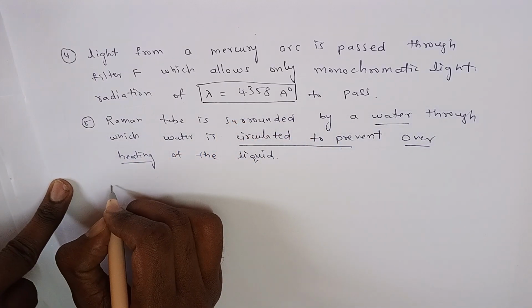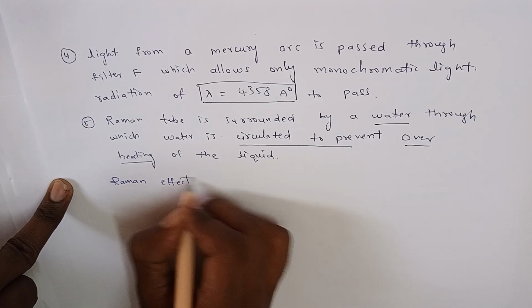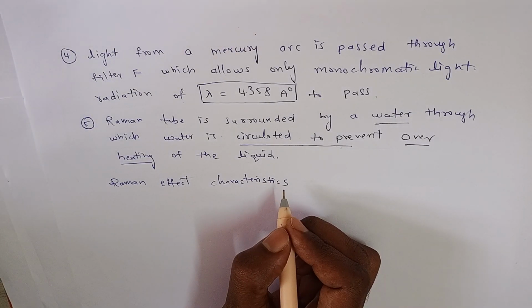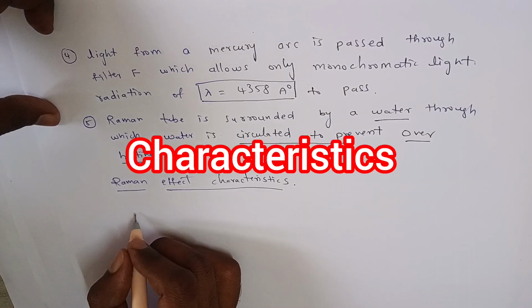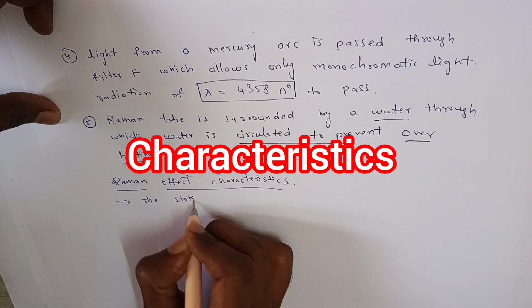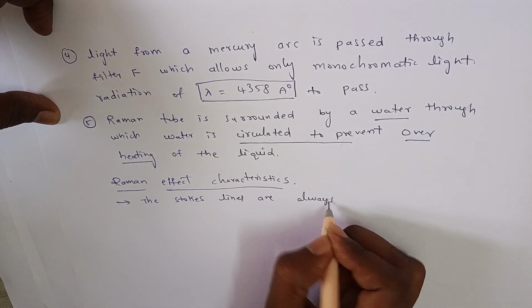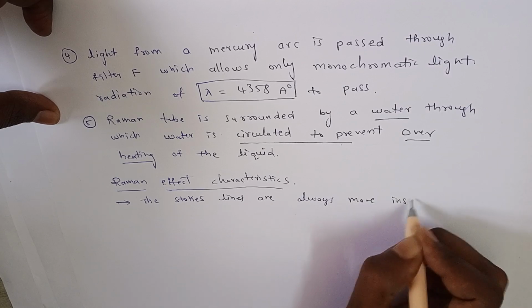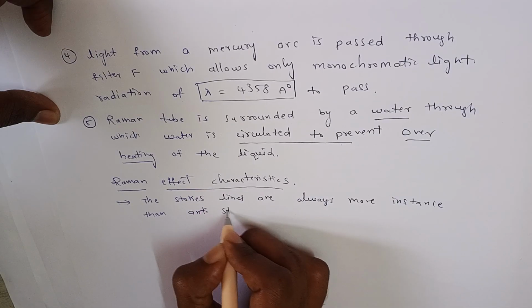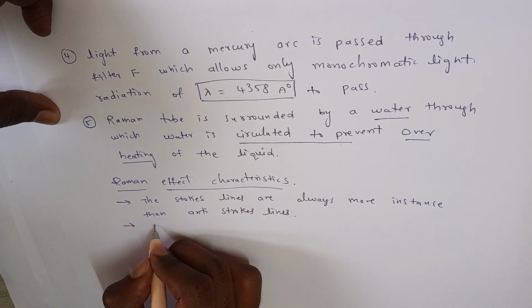Let's see the Raman effect characteristics. First, the Stokes lines are always more intense than the anti-Stokes lines.